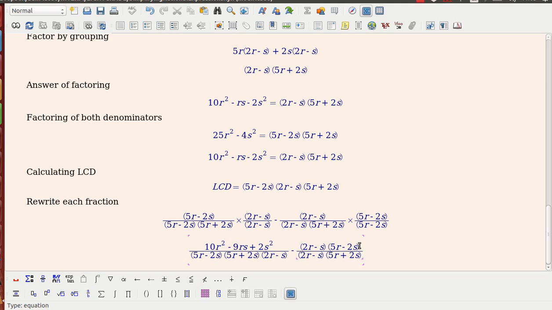Now I'm going to multiply out the other numerator. 10r squared, then minus 4rs, minus 5rs, so we have minus 9rs, plus 2s squared.